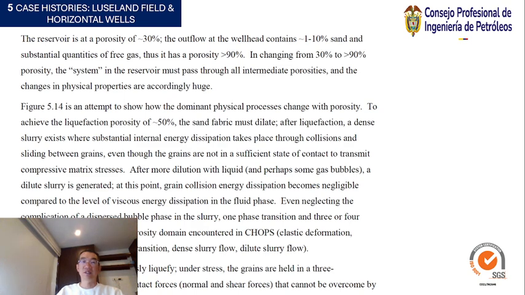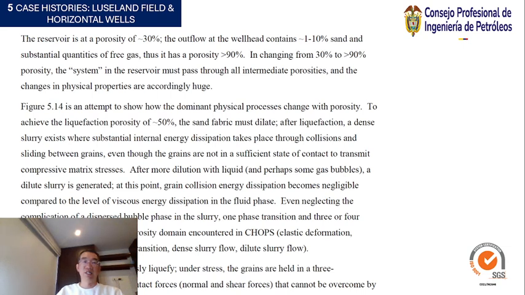Thus, it has a porosity above 90%. In changing from 30% to above 90% porosity, the system in the reservoir must pass through all intermediate porosities, and the changes in physical properties are accordingly huge.